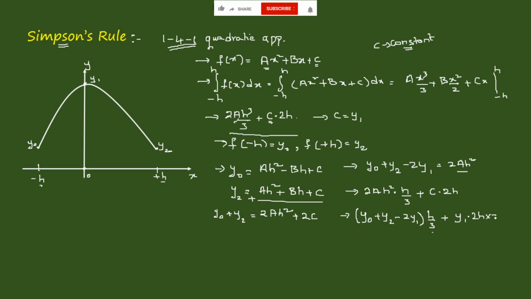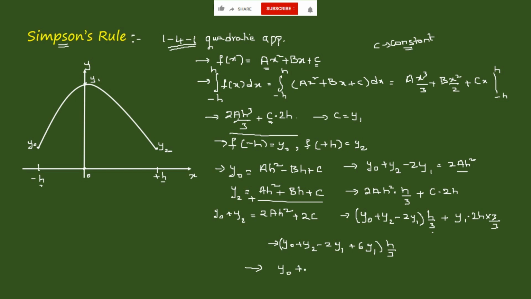To take h by 3 as a common term, we multiply this one by 3 and divide by 3. Then we get y0 plus y2 minus 2 times y1 plus 6 times y1, the whole multiplied with h by 3.